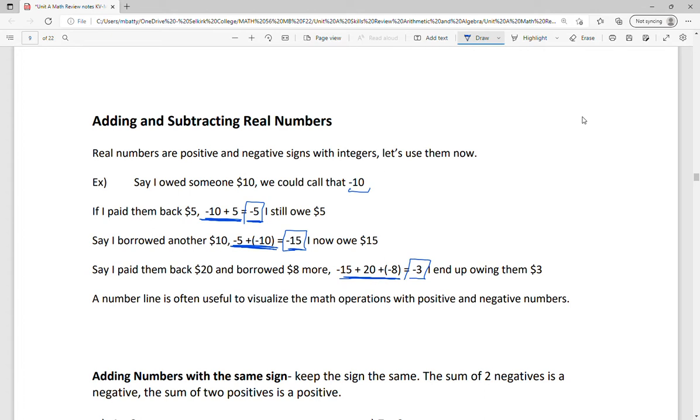So that number line thing, sometimes I imagine that in my head, kind of bouncing around on the number line. That conceptual understanding can be useful. You also have a calculator that has a button that looks like this on it. That button turns numbers positive or negative, right? Whatever they are, it'll make them the opposite.